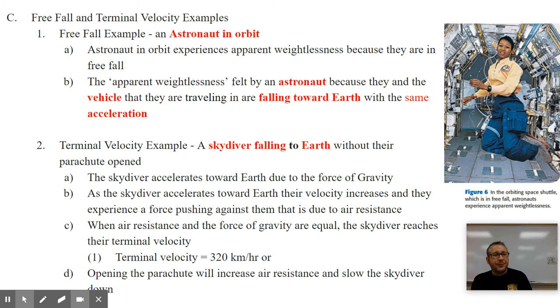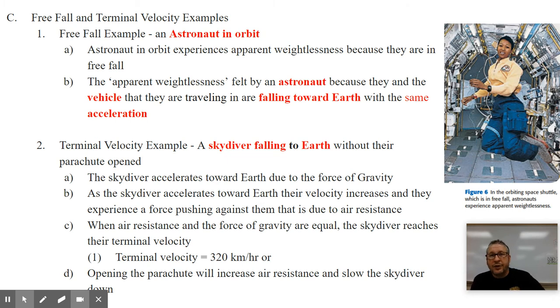So terminal velocity, if we put numbers to it, is about 320 kilometers per hour, or 140-ish miles per hour around there. Okay, so it's pretty fast, but it's not the fastest thing that we have around here.